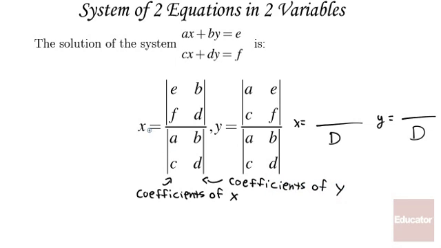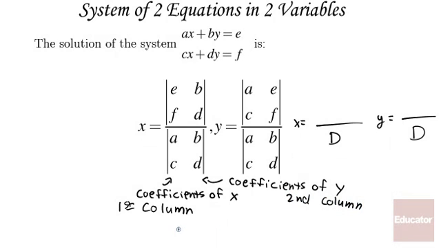So whether you're looking for x or y, it doesn't matter. The denominator is going to be the same, and it's going to be a determinant that is comprised of the coefficients of x in this first column, and then here, coefficients of y in the second column.